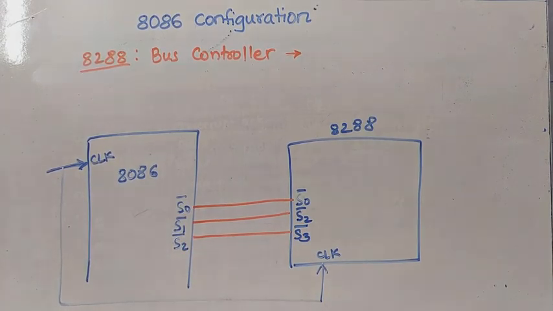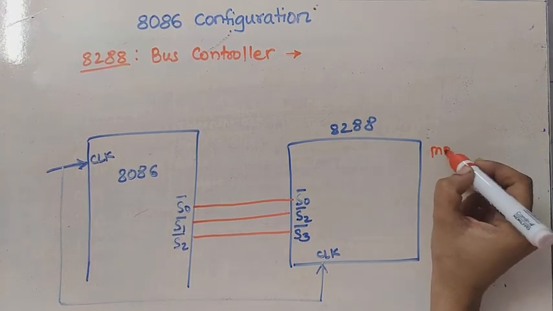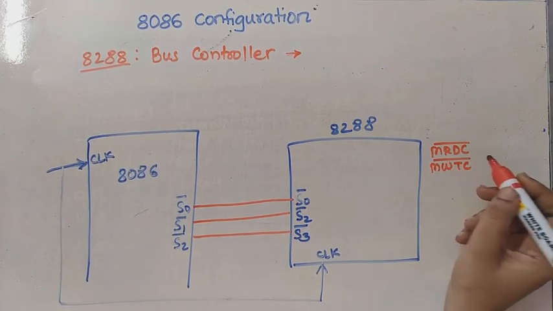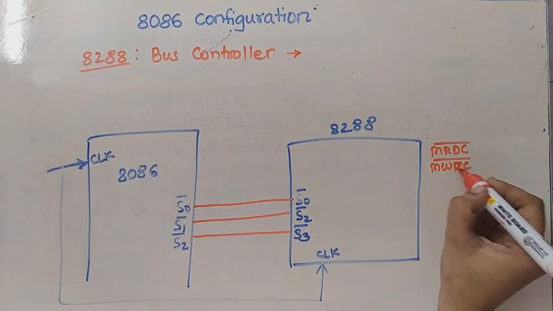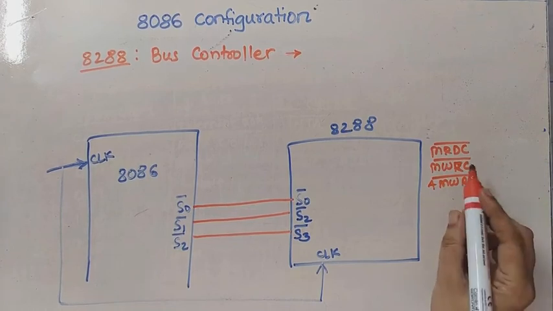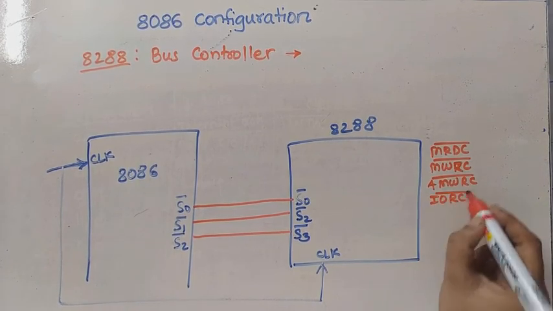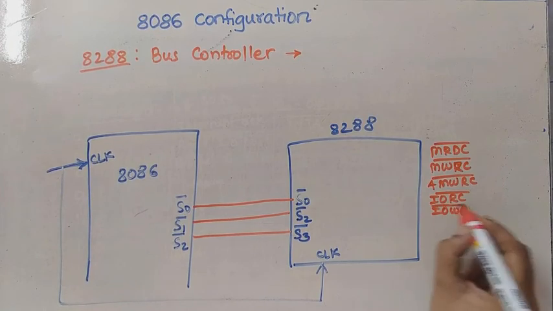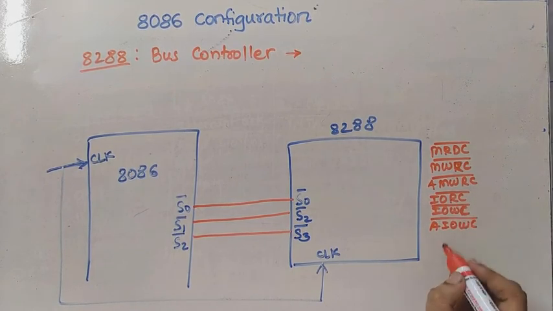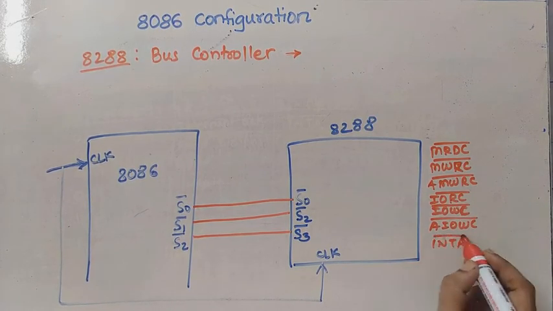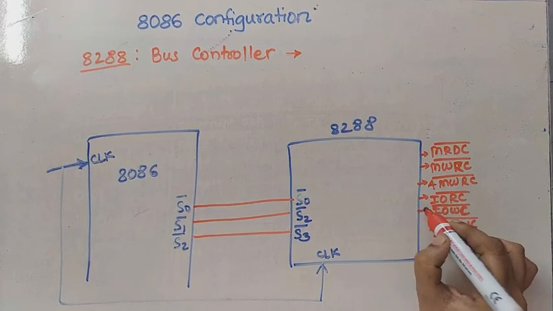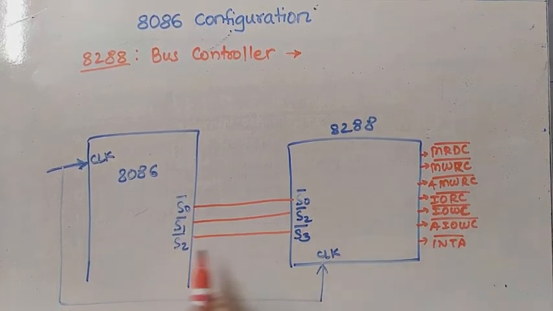Based on this, the memory read command, similarly the memory write command, then the advanced memory write command, all are active low. The IO read command, IO write command, then the advanced IO write command, and INTA bar are generated. So these are the signals which are generated, and we have seen how these are generated by using these status pins.